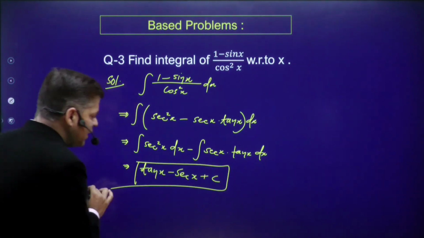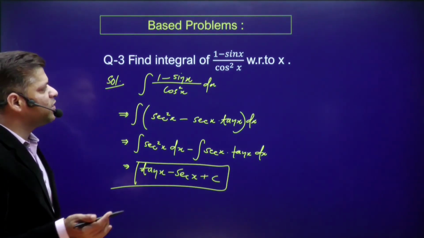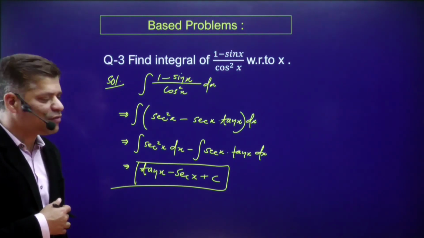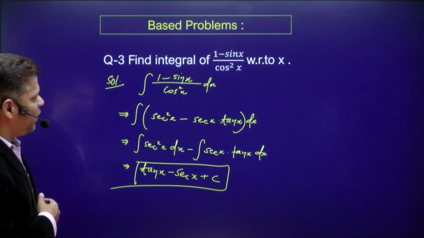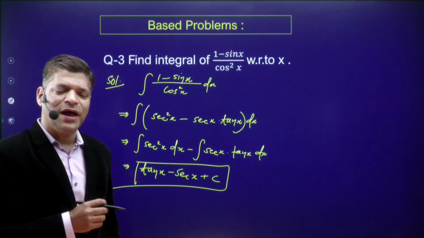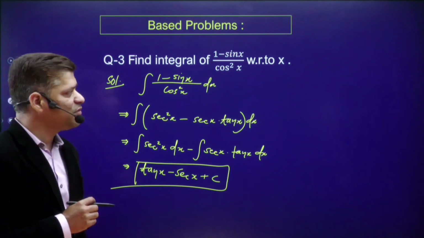This is the indefinite integral, or we can say the antiderivative, of (1 minus sin x) over cos square x. So I think now you have learned how we apply the standard formulas.